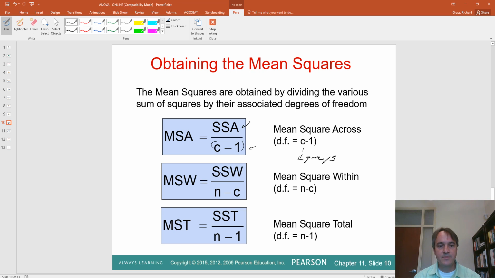And the degrees of freedom for the sum of squares within, we're taking the total number of observations, so remember that in our case this was 15, minus the number of groups, which in our case was 3. And this gave us our mean squared across and our mean squared within. We're not going to worry about this because, as you'll see in a minute, we don't really use this for calculating.